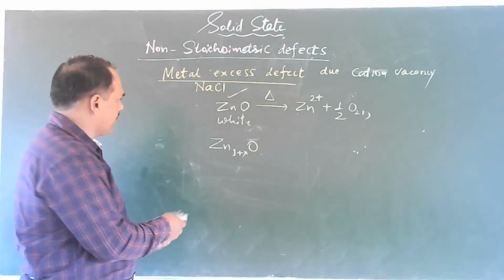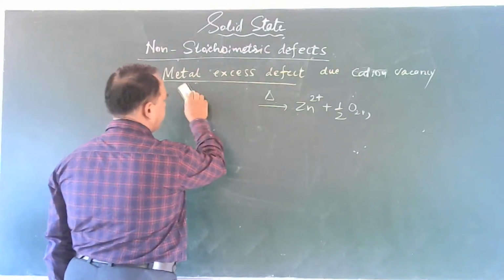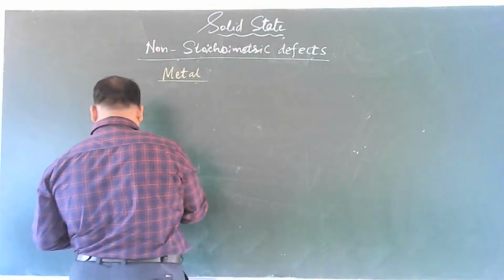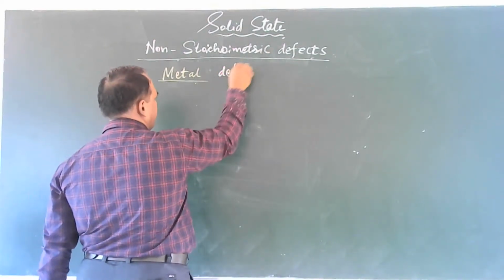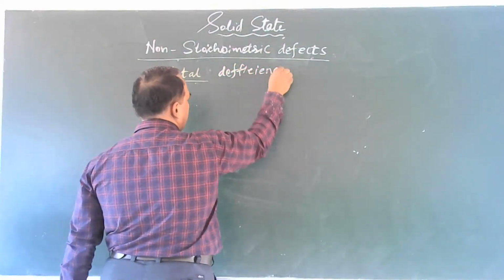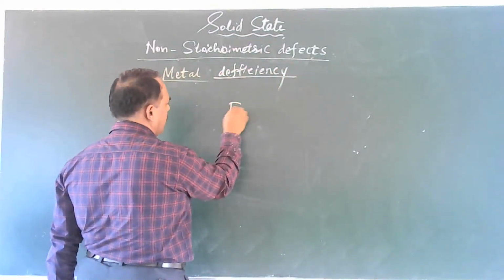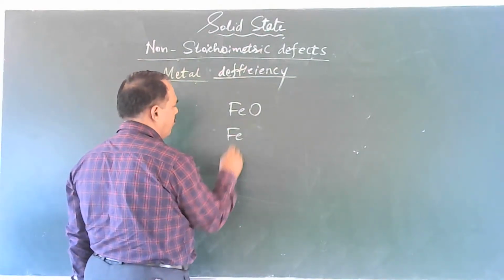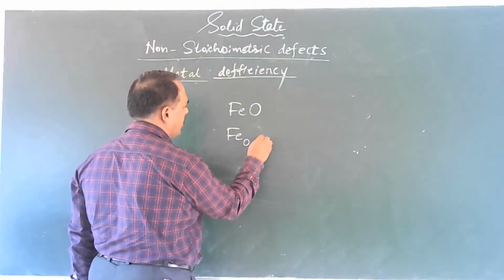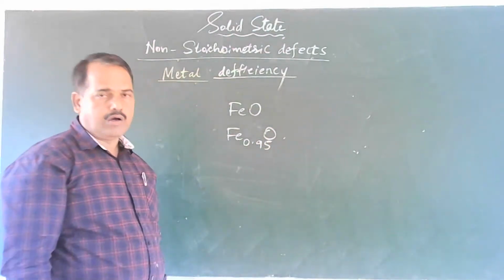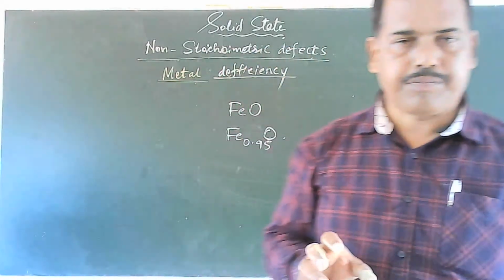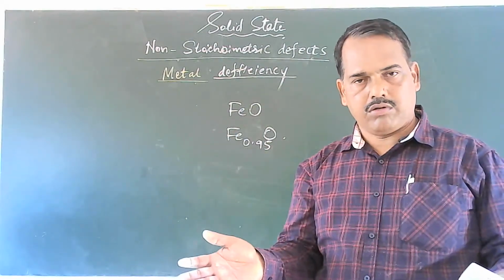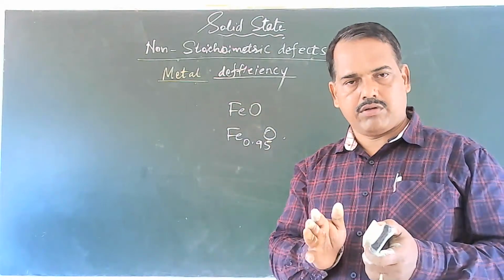Okay, we shall study the next part, which is metal deficiency defect. In metal deficiency defect, we have an example, iron oxide. Actually, iron oxide is FeO, with iron about 0.95 to oxygen. Here, a certain part is filled by Fe3+ ions in order to complete the lattice.